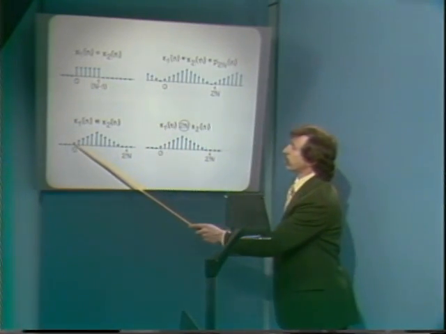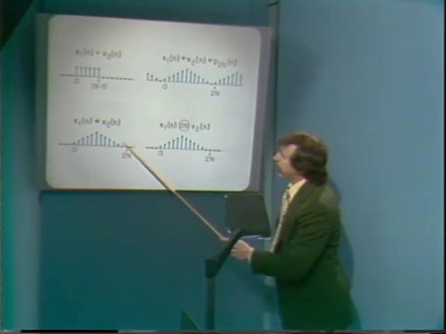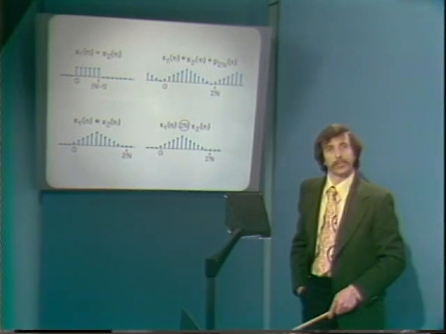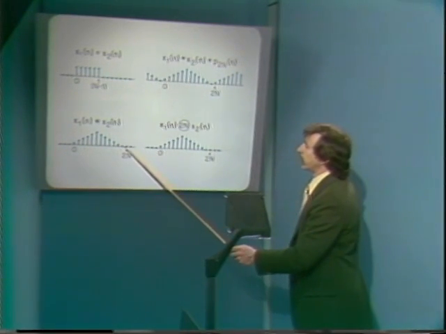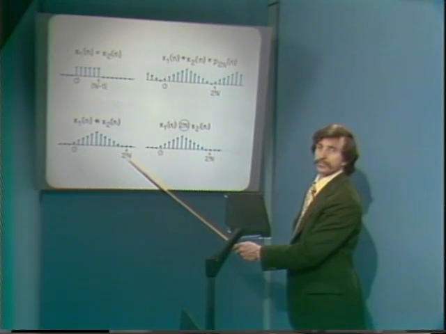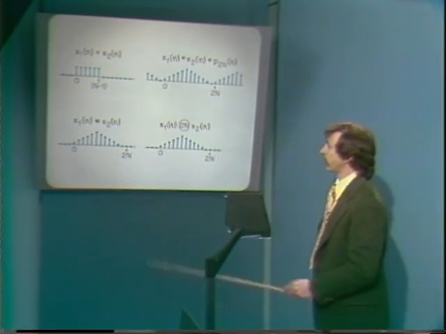In that case, we want this triangular sequence repeated and added to itself not with a spacing of capital N, as in the previous example, but with a spacing of 2 capital N, because we're doing a 2N-point circular convolution.